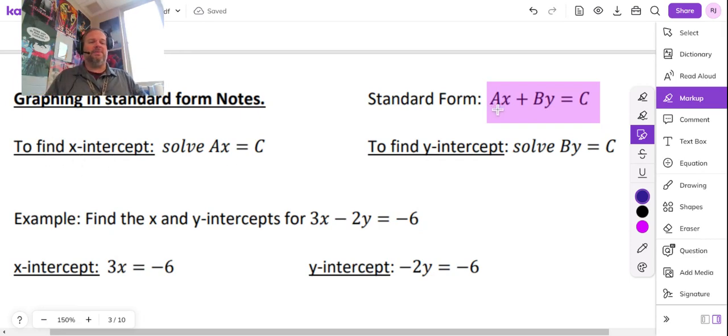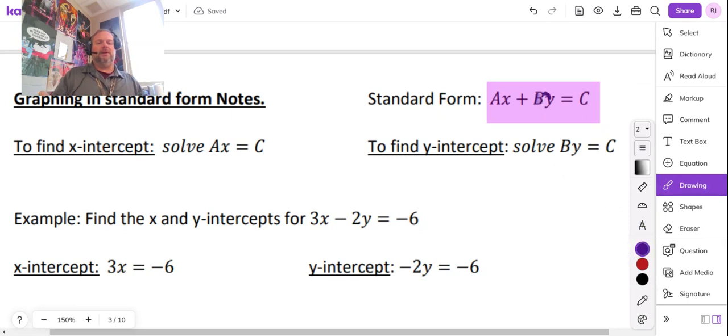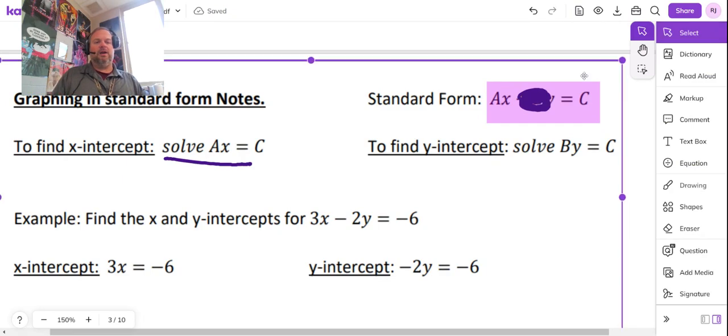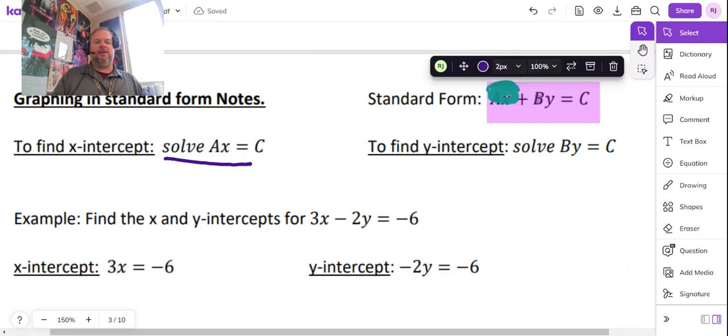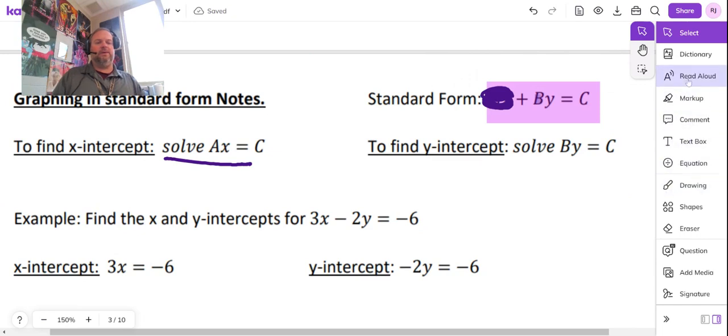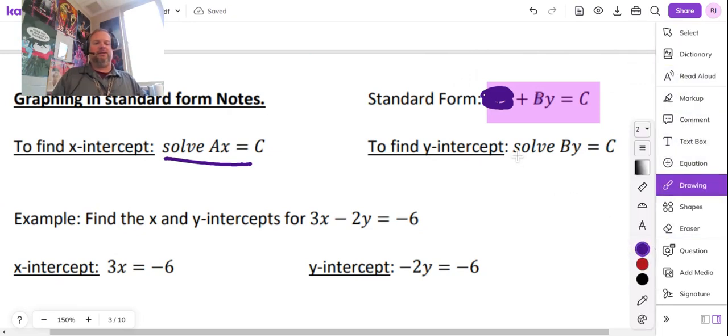If we're given something like this, to find the x-intercept, we cover up the y, or just take away the y term. That's why we have this right here. Or if we're trying to find the y-intercept, we cover up the x, and that's how we get this.